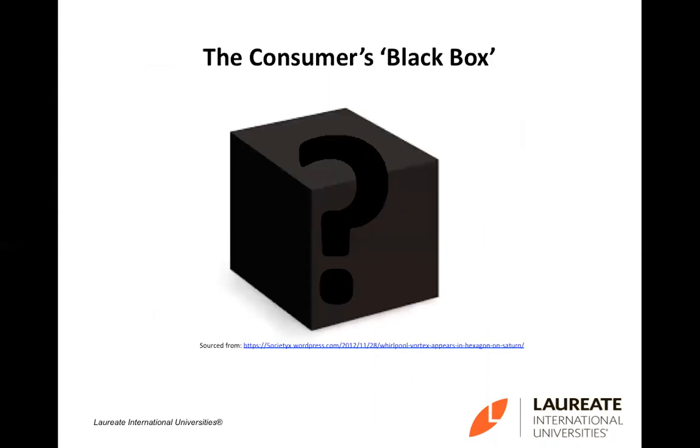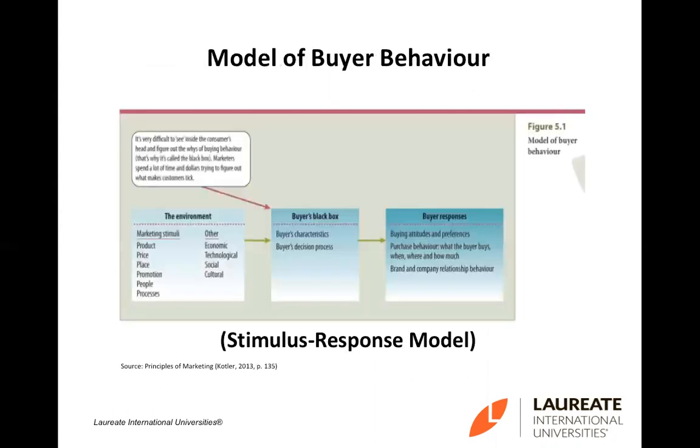Okay. All right. Now, this is a model of buyer behavior, based on social psychology, the stimulus response model. Here we say that the environment actually gives us the stimulus. The marketing stimuli include all marketing mix variables: the product, price, place, promotion, people, processes.